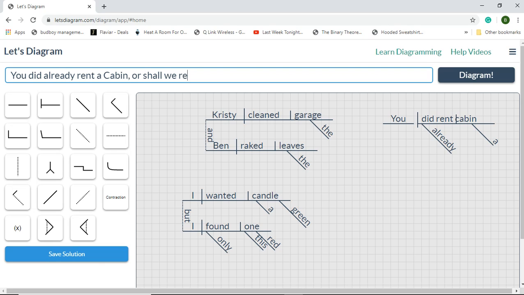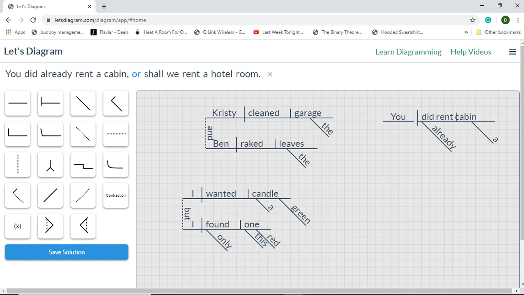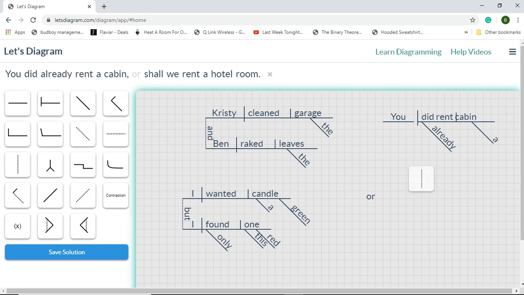Shall we rent a hotel room? Okay, this definitely does not need to be capitalized. That's my bad. So you see what I missed there? I missed or, a coordinating conjunction, which is very important.